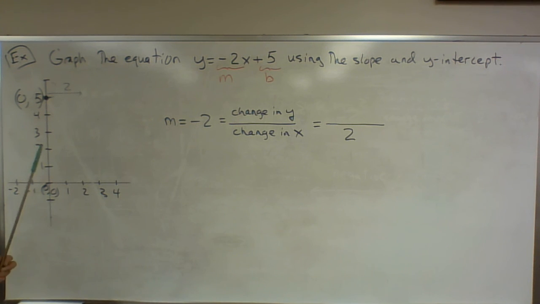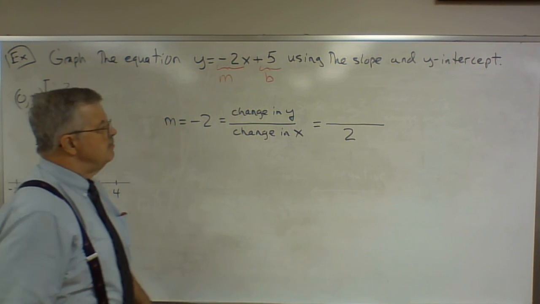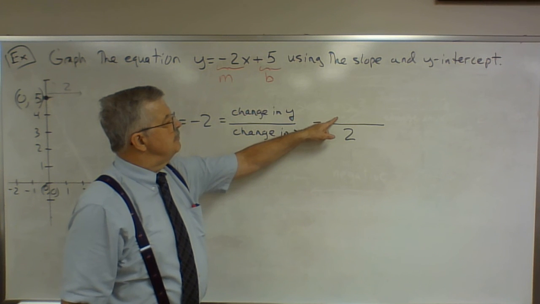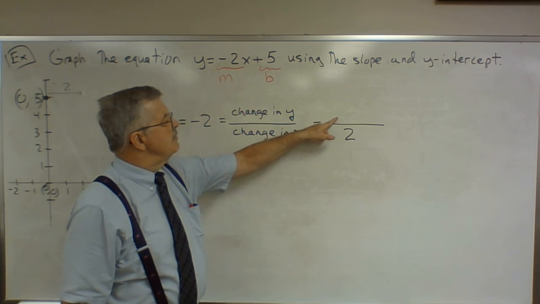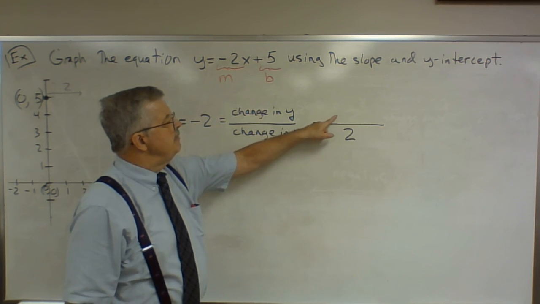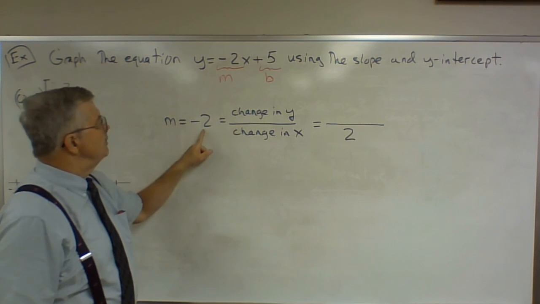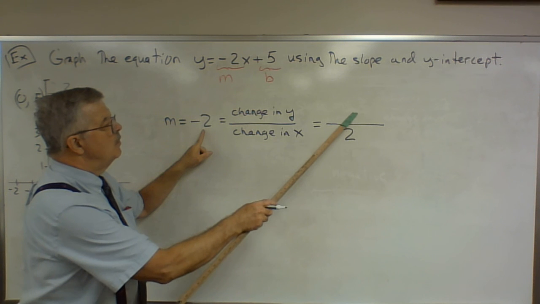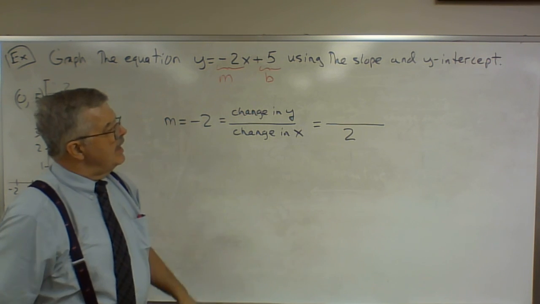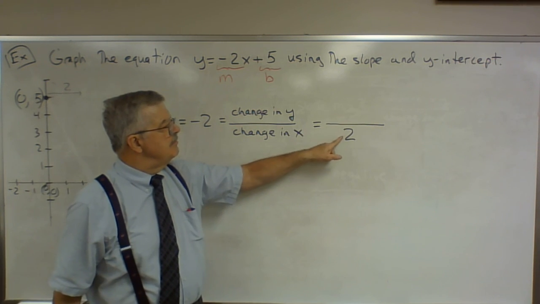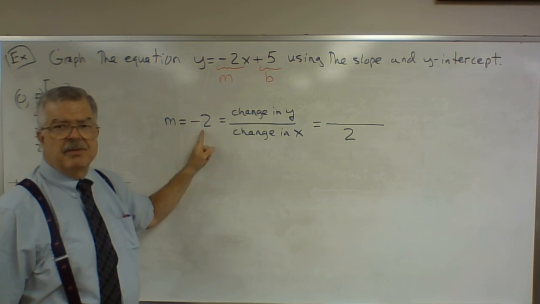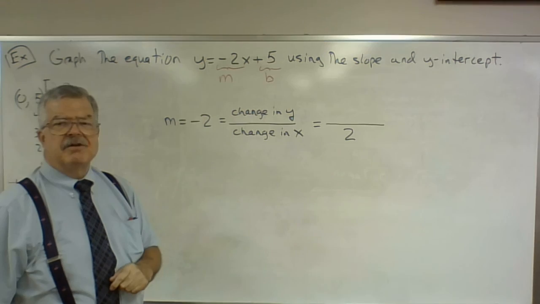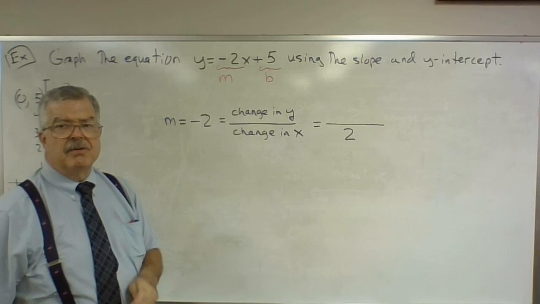And then we have to move a certain number of units in the y direction, so the change in y over 2 is equal to negative 2. Our change in y, what we put up here, has to be such that this thing divided by 2 is negative 2. What divided by 2 is negative 2?